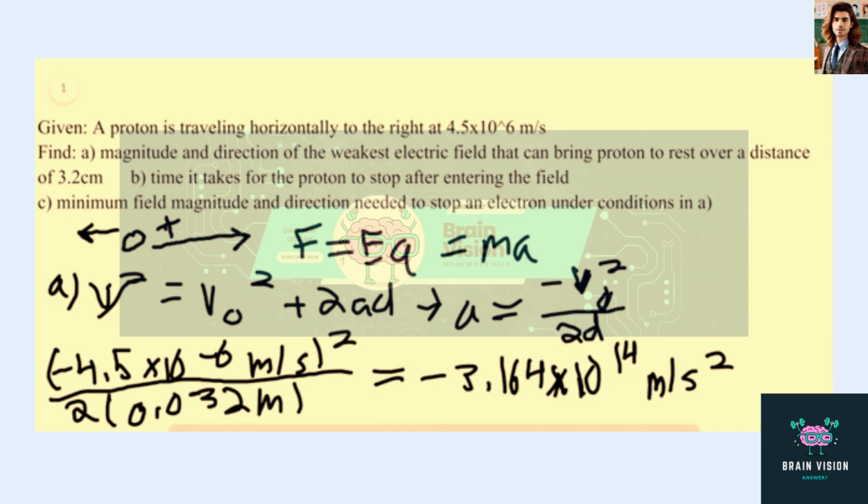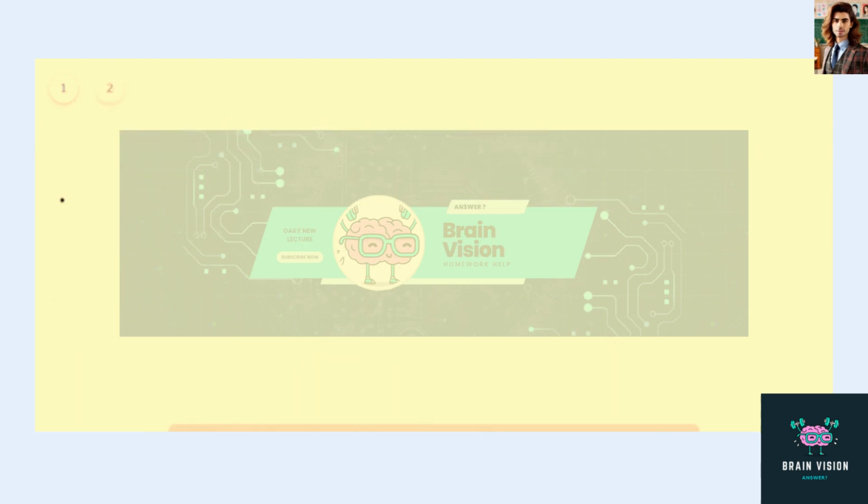Now we look back up at the equations that I wrote, F equals EQ. We're looking for the electric field, so we can rearrange and do E equals F over Q. And we know that F equals MA, so it equals MA over Q. We just solved for all of this, so we can plug it in.